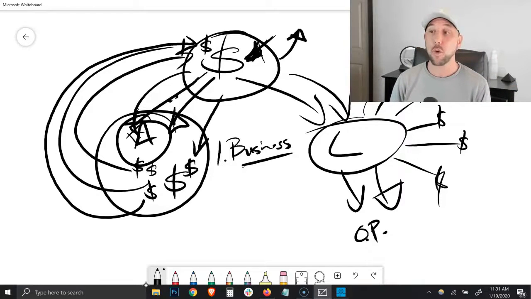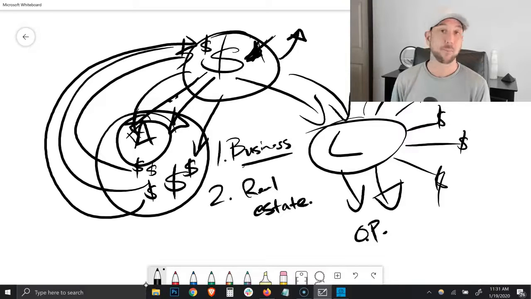The number two way is real estate, okay? So real estate is kind of interesting because everybody needs a place to live, right? No matter what the economic conditions are, no matter what the world's looking at, everyone needs a place to live. And what landlords do is get other people working for them, right? So landlords' real estate, which is an asset to the landlord, actually becomes a liability to the tenant.